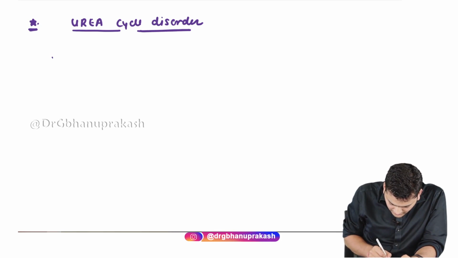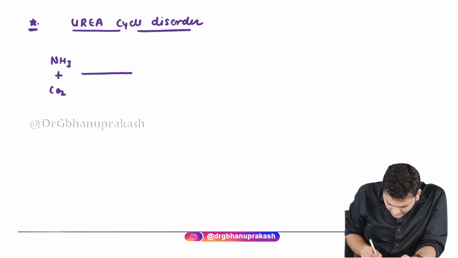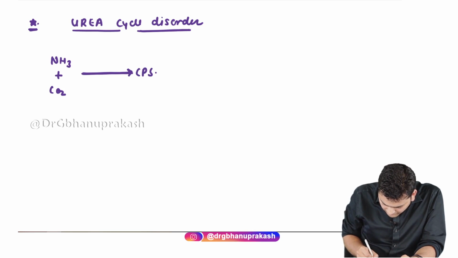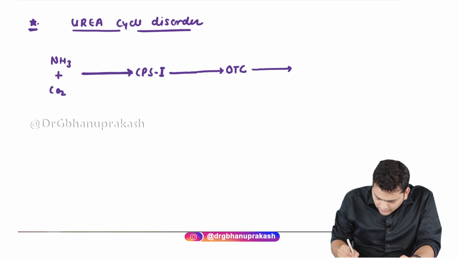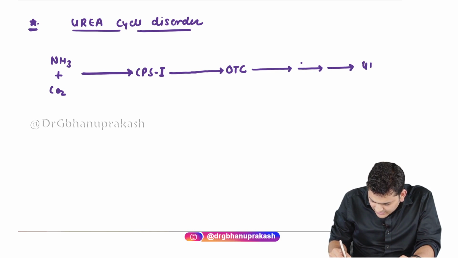Now, to make it relatively easy, we started with ammonia and carbon dioxide. The first enzyme that plays a role was CPS1. Then we discussed ornithine transcarbamylase, I am writing OTC, the second enzyme. Then there was the third enzyme, then the fourth enzyme, and ultimately the last enzyme, and we reached urea and ornithine.